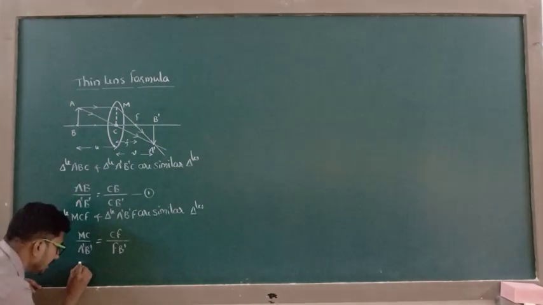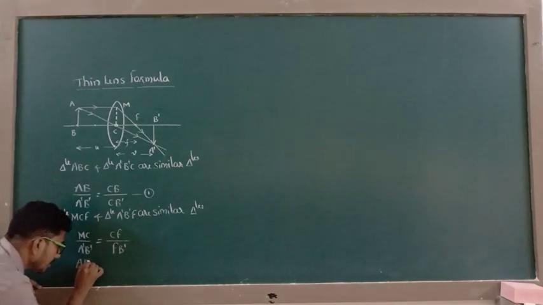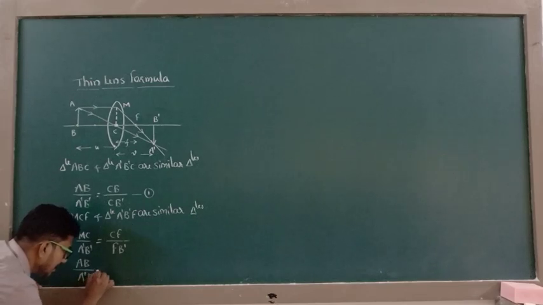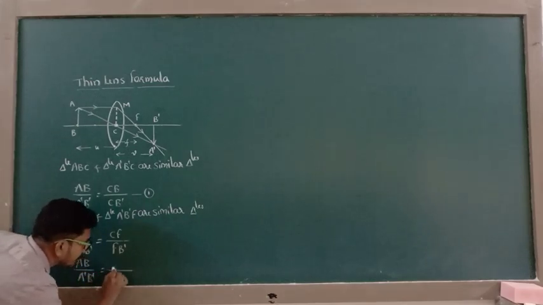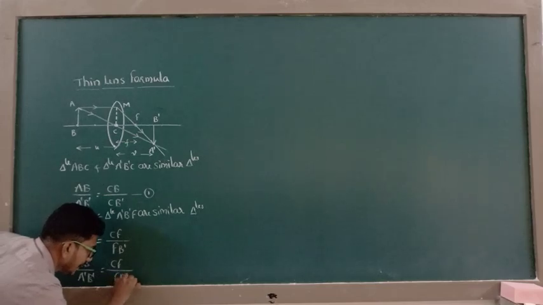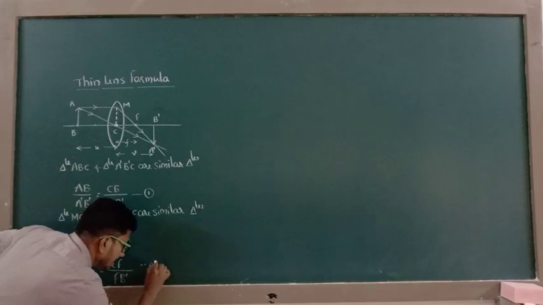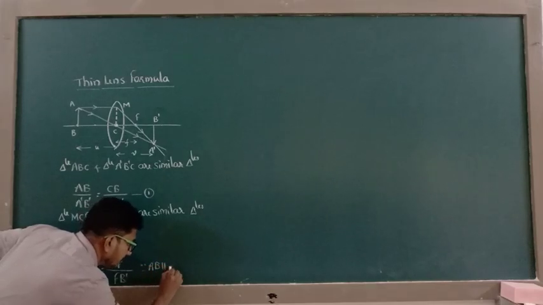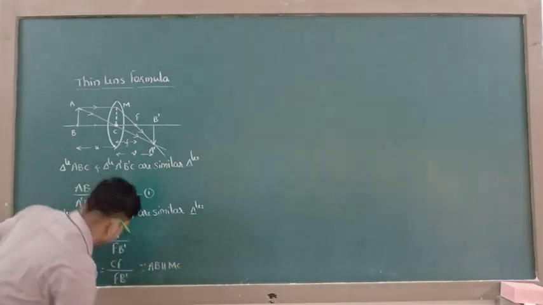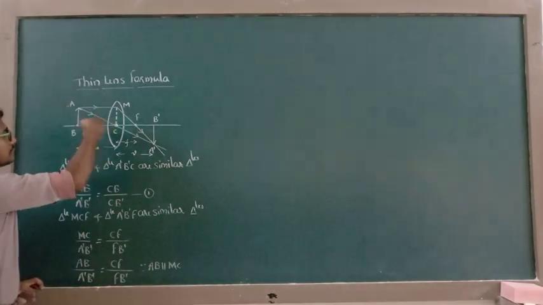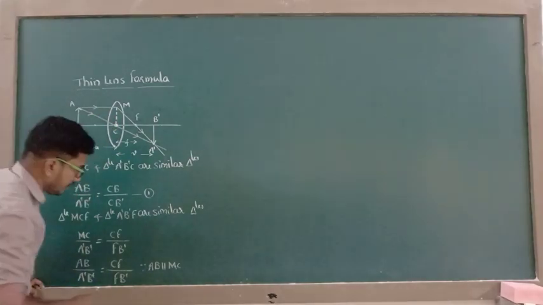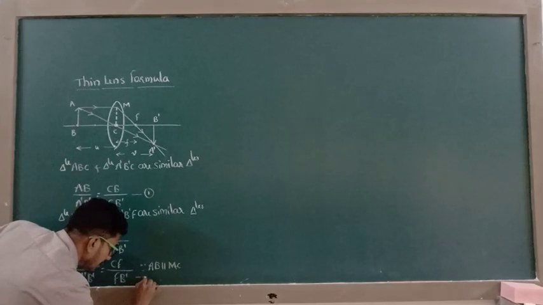Therefore, AB divided by A dash B dash is equal to CF divided by FB dash, because AB is parallel to MC. Equation number 2.